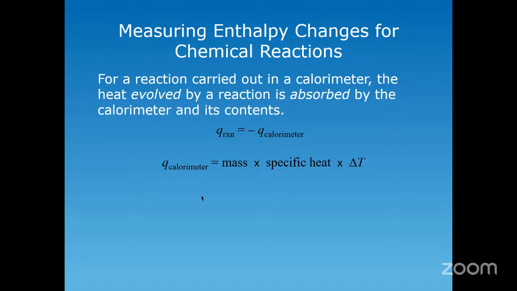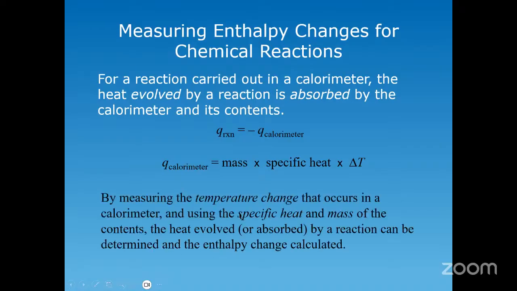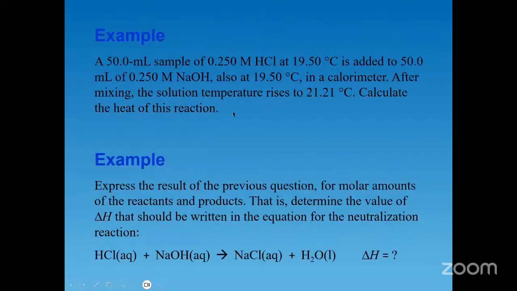So basically, we can write down that the Q of the calorimeter will be equal to mass times specific heat times the change in temperature of the process, right? Okay, so based on this, we can determine the enthalpy change. And the next slide is an example of a question where it demonstrates how this is done.